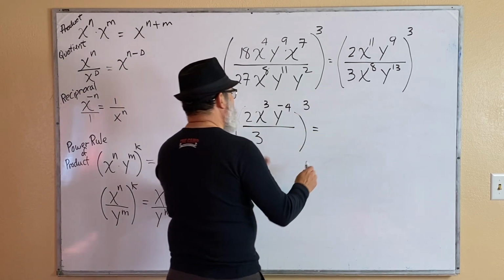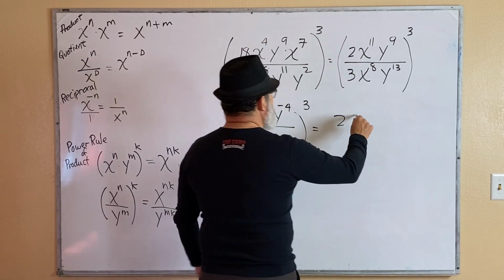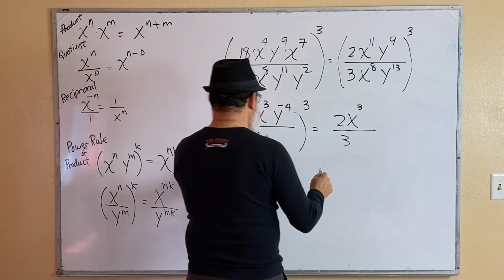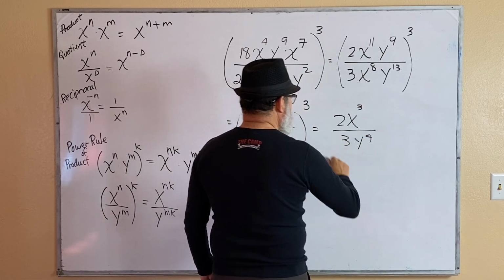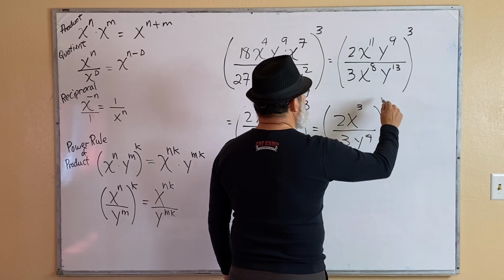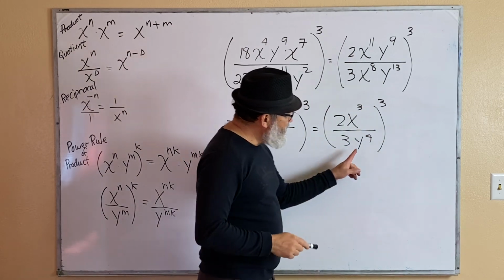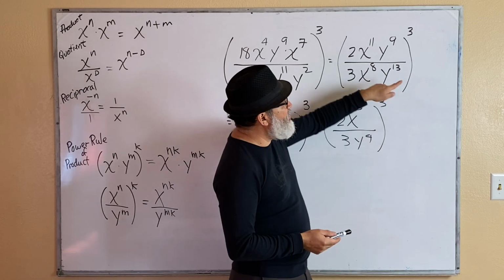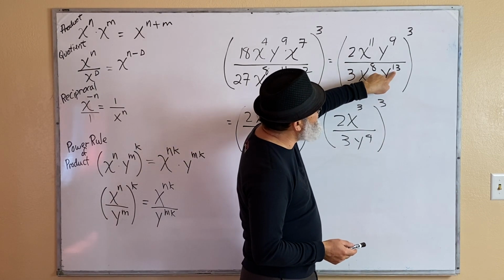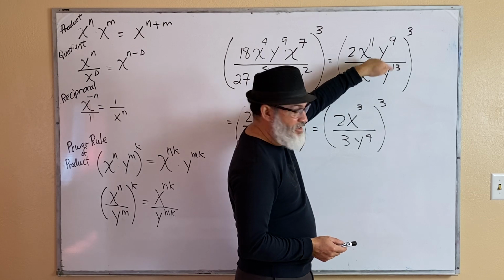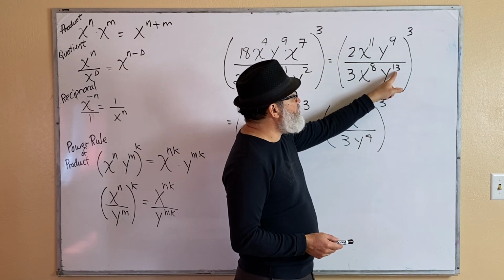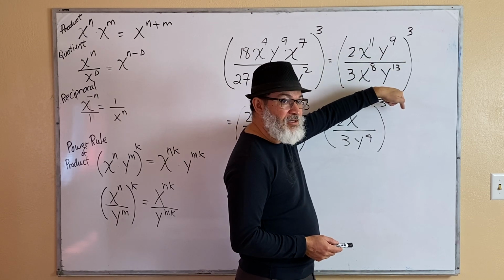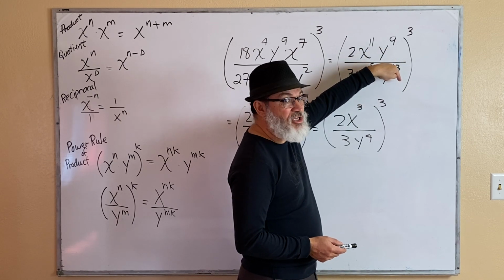Okay, here we go. So this is a 2, that's an x to the 3rd over a 3, that's a y to the 4th, raised to the 3rd power. You see this x to the 4th? I could have just said y to the 13 minus 9 in the denominator, but I did 9 minus 13.